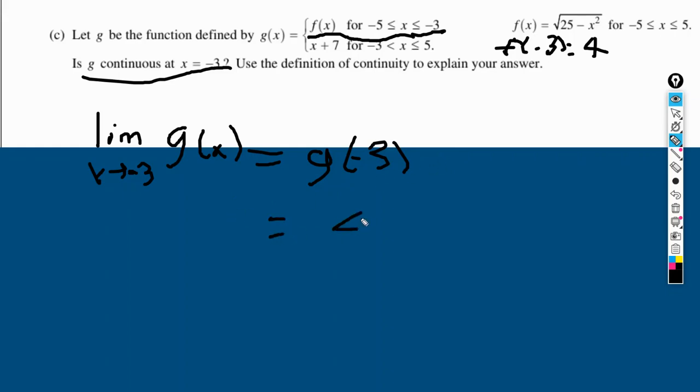Now, what's the limit as x goes to negative 3 of g of x? Now, we know from the left side it's going to equal 4 because this function is continuous.